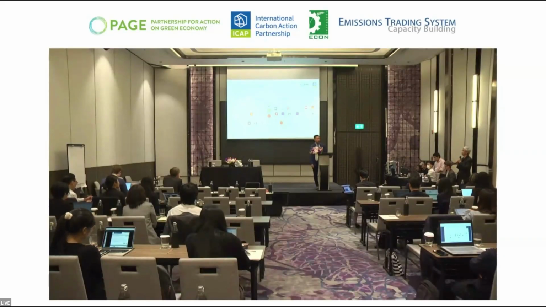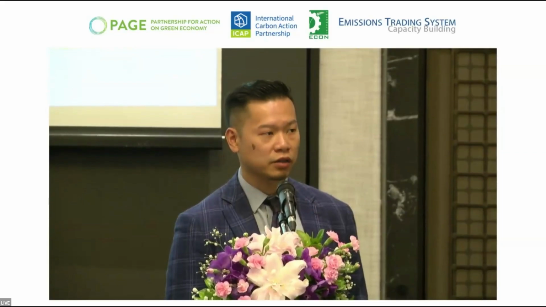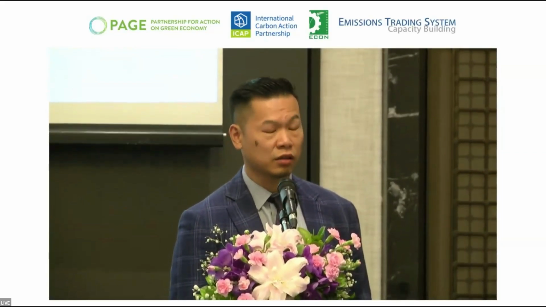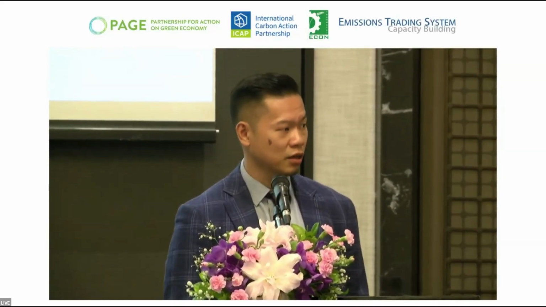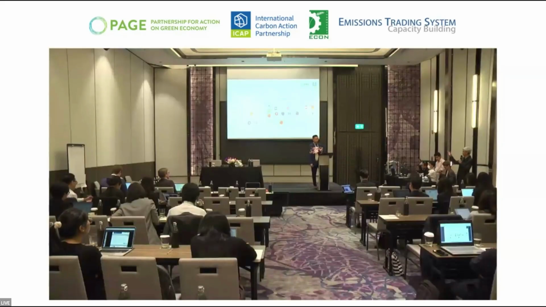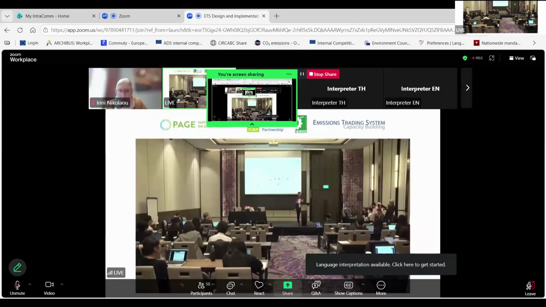It only covered the power sector in 9-10 states in the US. Only the power sector, but it starts 100% auctioning. And the California ETS, also for the power sector, started 100% auctioning. Because for the power sector, the leakage risk is very low.